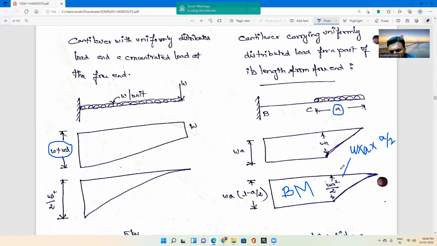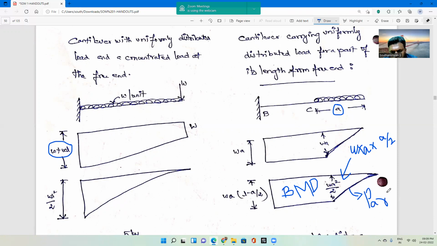So totally the value will be WA square by 2. So this will be the magnitude of bending moment. On top we will have the UDL load, so on the bottom we will predict the parabolic variation.